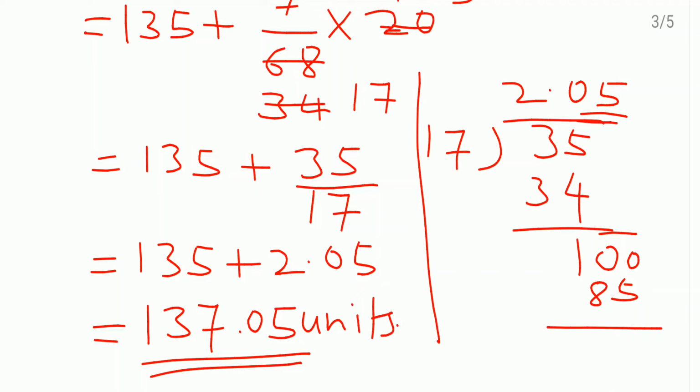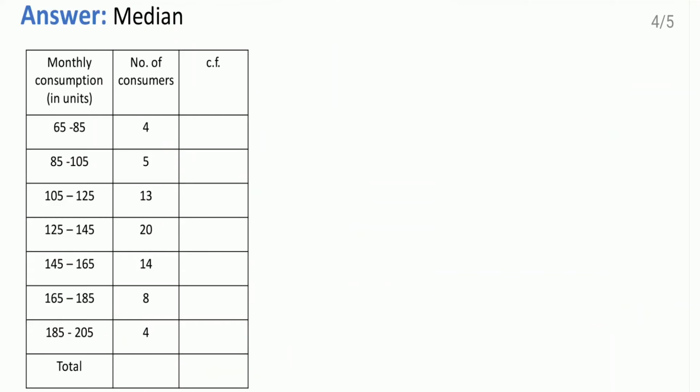Correct? Now we'll find out the median. Now look at this one here. For the median, first column and second column, they are same. Correct. For this one, we need to find out CF. CF means the cumulative frequency. What is that? Cumulative frequency. Right?